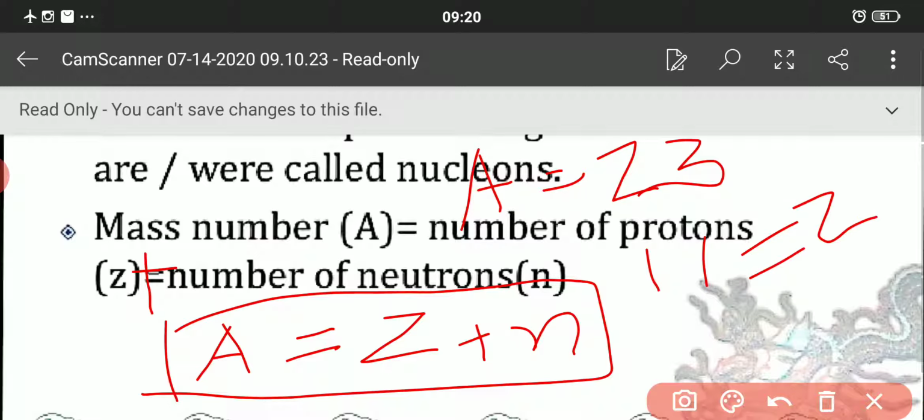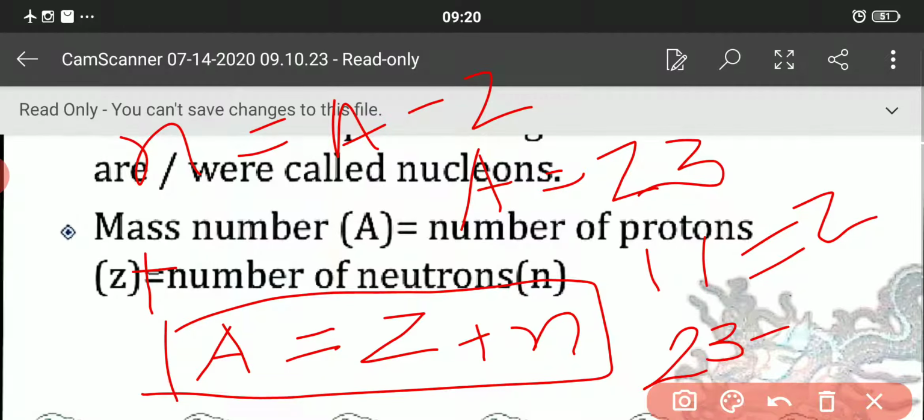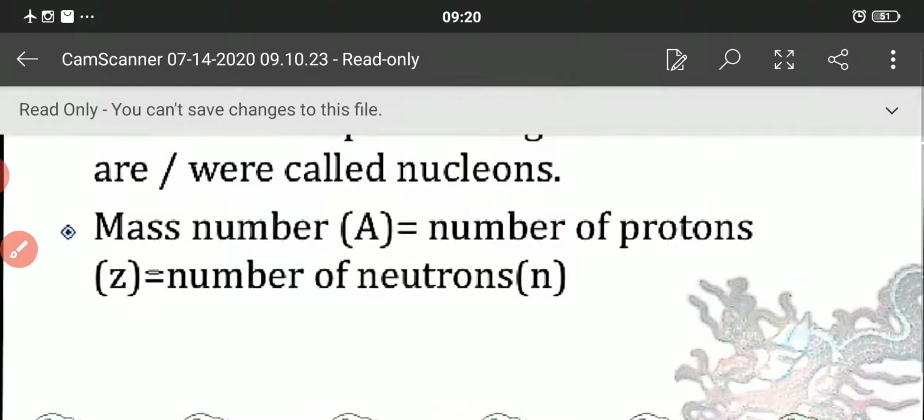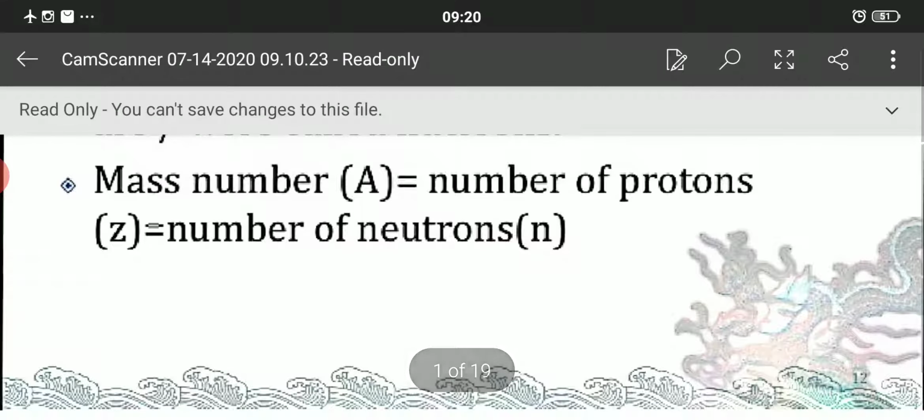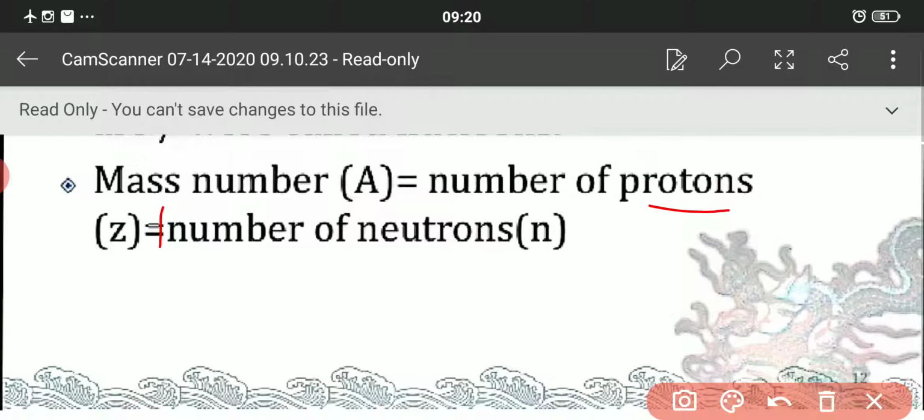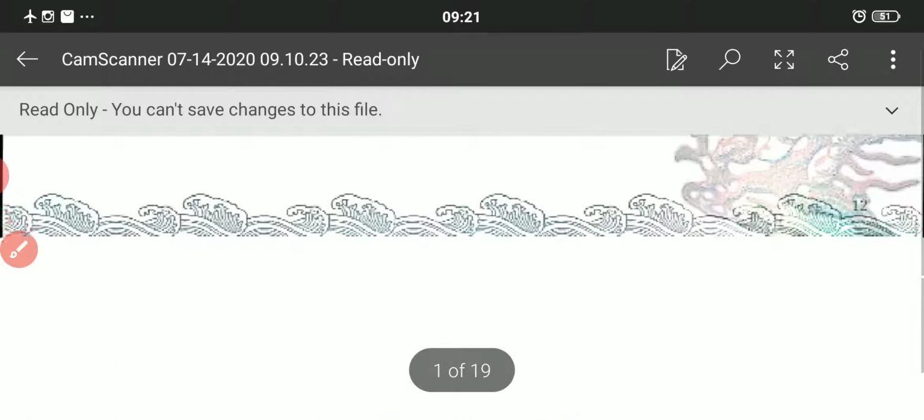So to find the number of neutrons, N is equal to A minus Z, which means 23 minus 11. So neutrons are 12, okay. So mass number of any particle is the summation of protons and neutrons.